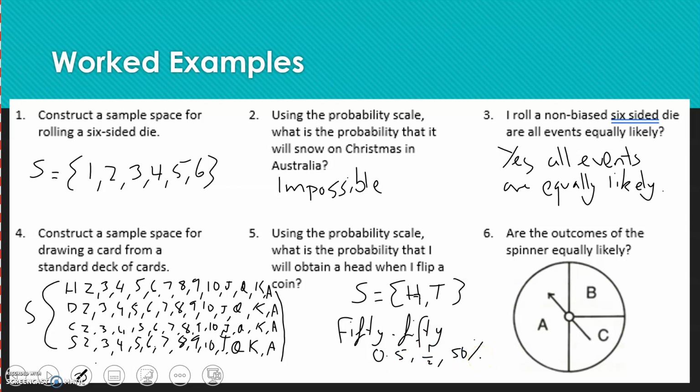Okay, example 6, are the outcomes of the spinner equally likely? So if you have a look at the spinner, A, B, and C all have the same chance of occurring. In this case, they don't, because A takes up half of the circle, whereas B and C only take up a quarter each. So therefore, the events are not equally likely.